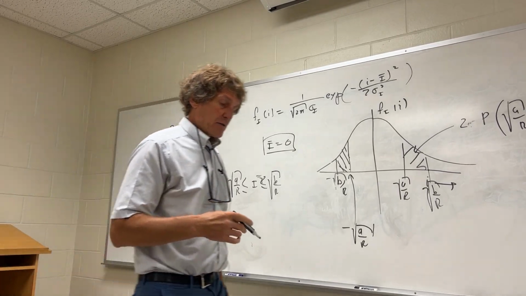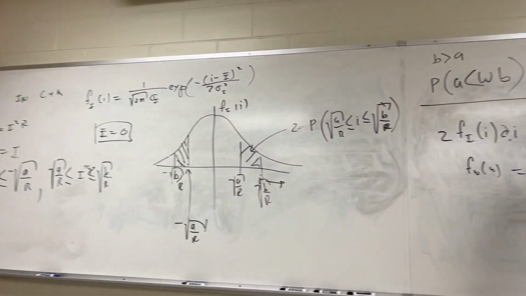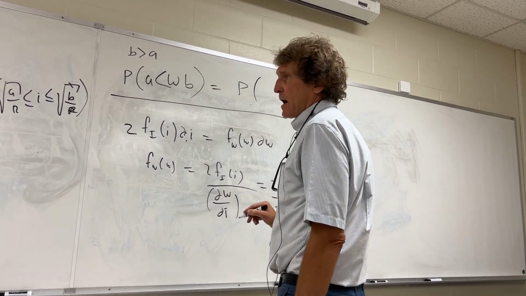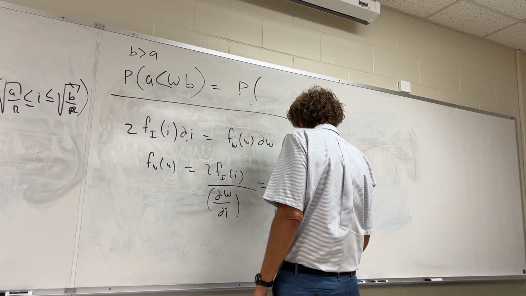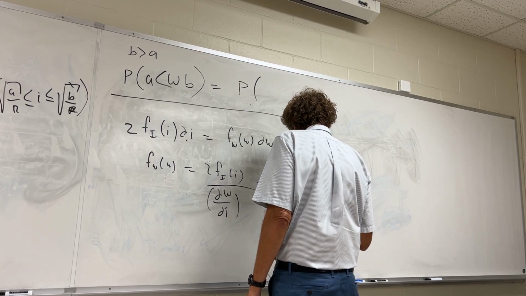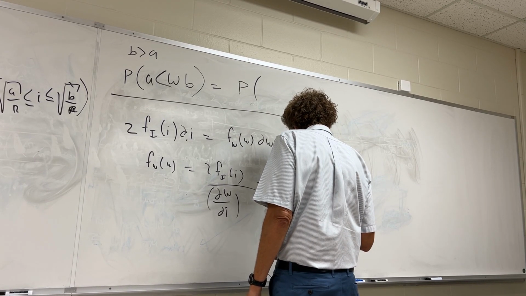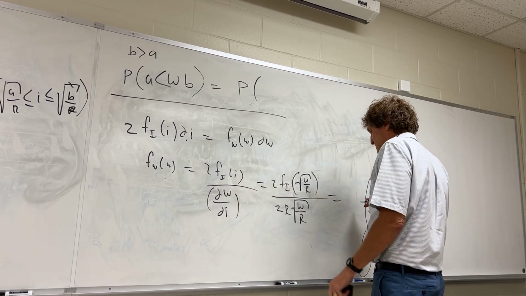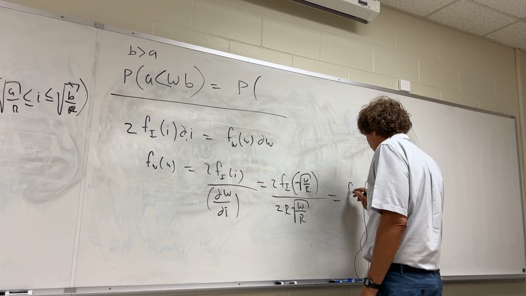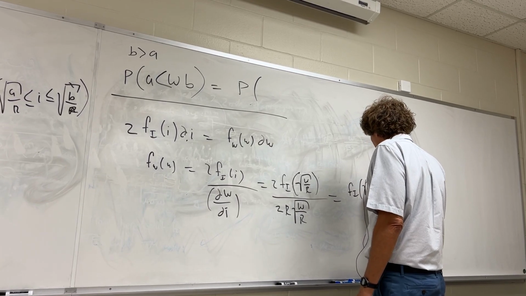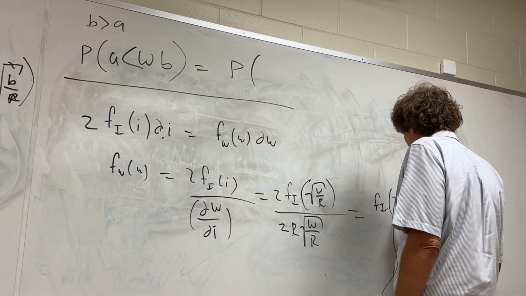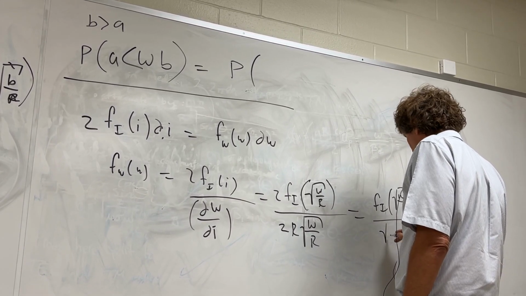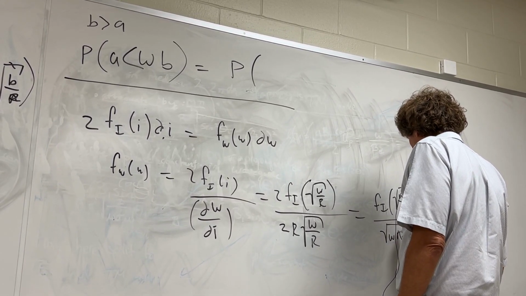I'm going to put I in terms of W, or power, so it's going to be equal to 2R, and then I is the square root of W over R. And you can see, you can go ahead and cancel the 2's, and you have f of I of square root of W over R. And downstairs, it's going to be really square root of WR here.